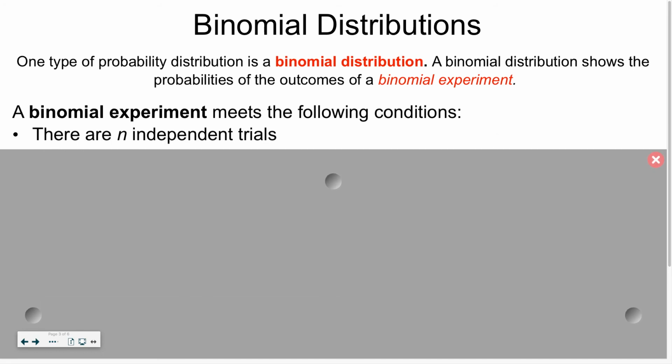It has to meet the following conditions. There must be n independent trials. So that's kind of like the total of your sample space, how many trials you're running.